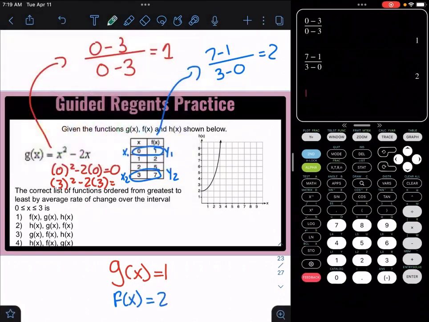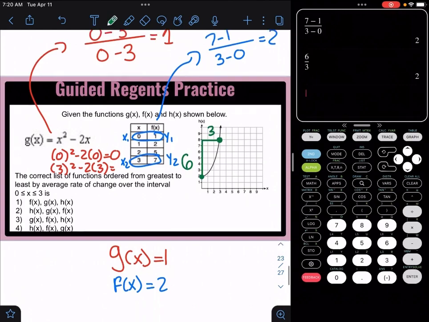And let's look lastly here. From 0 to 3 is right here. All right, so I rose 1, 2, 3, 4, 5, 6. And I ran 1, 2, 3. So that would mean 6 over 3, and we would get 2. We shouldn't be getting the same thing, so let me see. Where did I make a mistake?